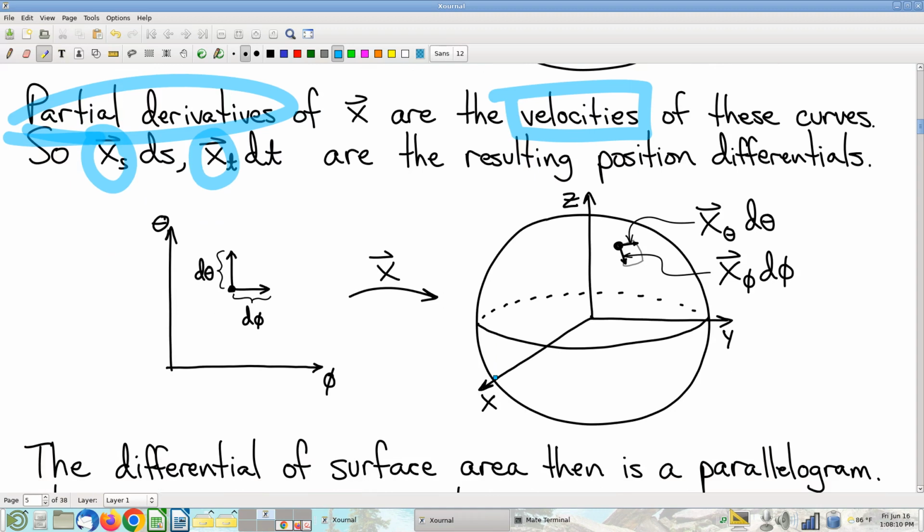So with those being the velocities, if I were to imagine, let's see here, color choices, a little d phi input change, multiplying that d phi input change times the velocity, aka the partial derivative, gives me the corresponding output change.